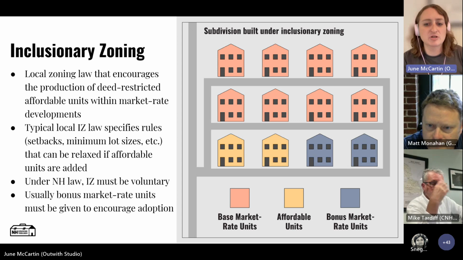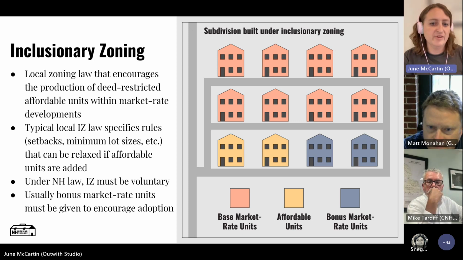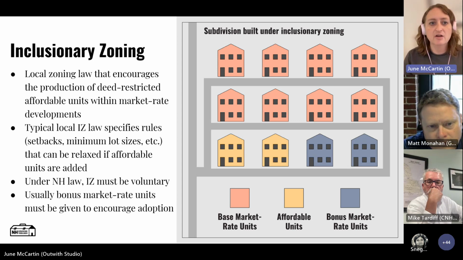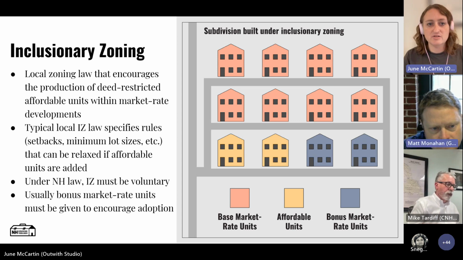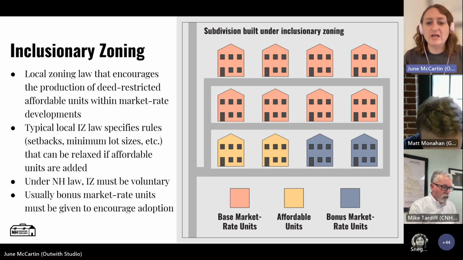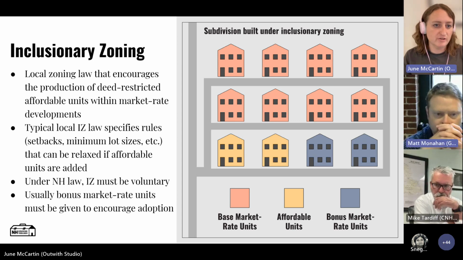You can make this option available to a landowner, but they cannot be required to avail themselves of it. Typically, those incentives might look like a density bonus, as we were just discussing, a reduction in lot sizes or parking requirements. That would be the sort of range of things you could offer as a way to encourage the use.